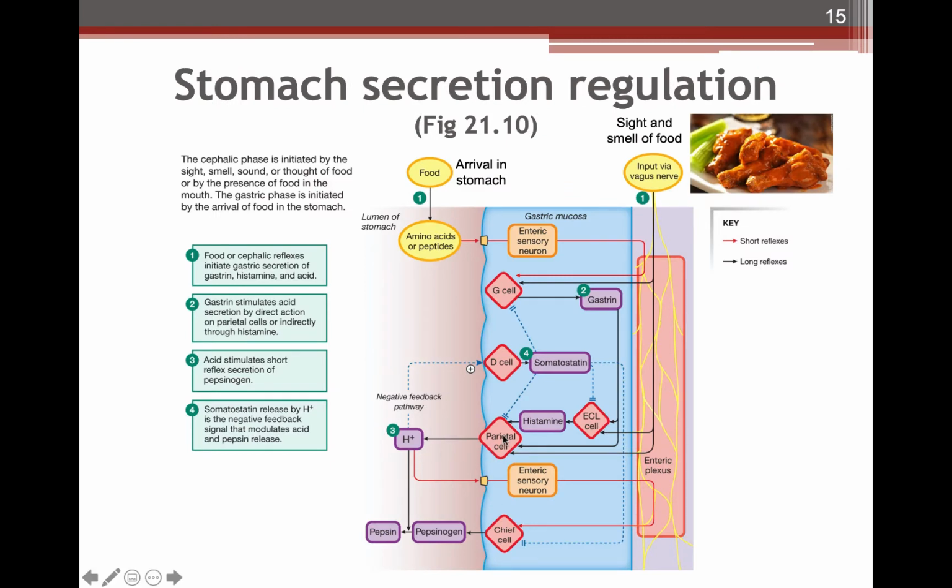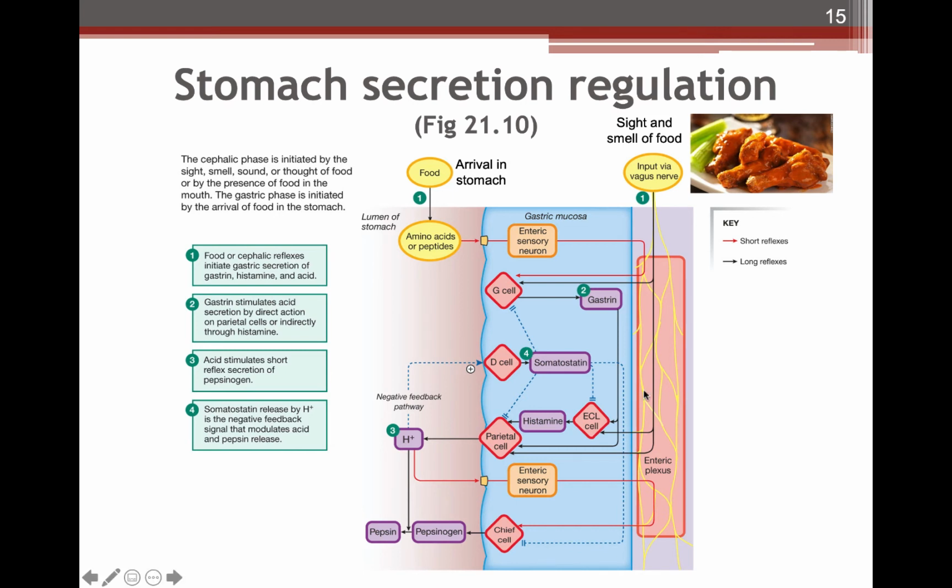So parietal cells will release hydrochloric acid into the lumen of the stomach. That's where we're at over here. There's also vagus nerve input to the parietal cells as well. So either the sight and smell of food can fire this up or actual food entering into the stomach.